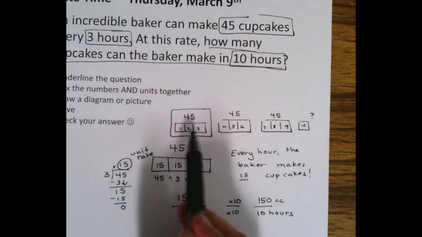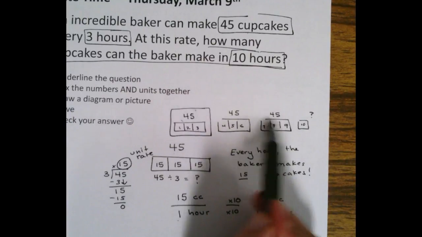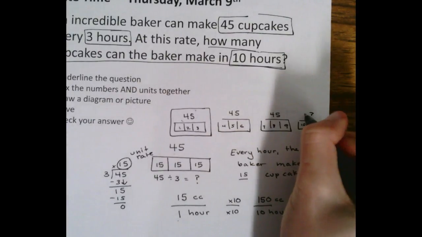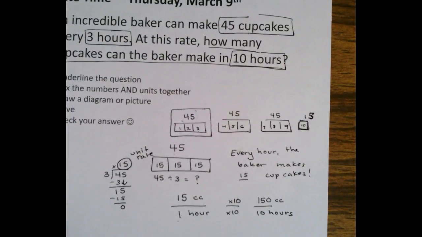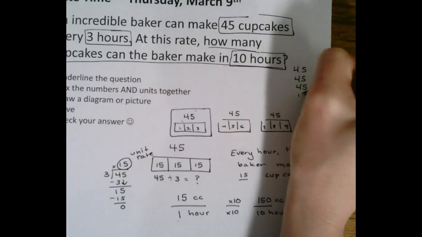Now let's look at our picture up here. We know that we have 45 every 3 hours. 45, 45, 45. But earlier we had 10, which made that a tricky number. So I can write 15 here, because I know for that extra 1 hour, that's going to be 15 cupcakes. So let's add up 45, 45, 45, and 15.